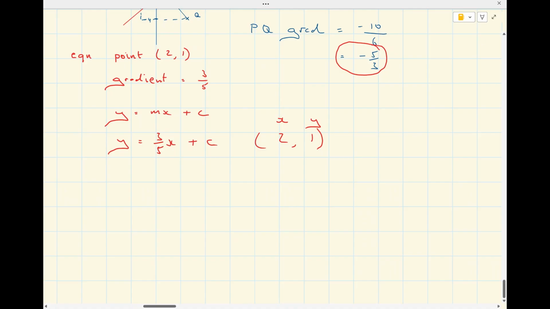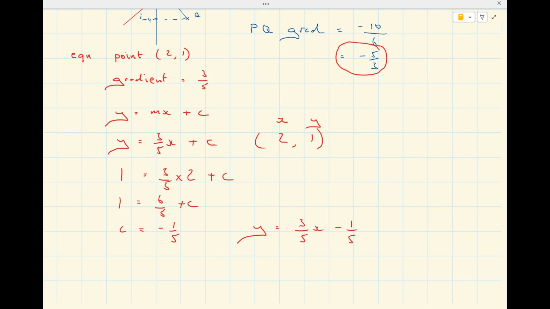Let's substitute those values in. 1 equals 3/5 times 2 plus c. Now we can discover what c equals. 1 equals 6/5 plus c. Subtract 6/5 from both sides. c equals -1/5. Okay, now I know that my equation is y equals 3/5 of x, it was plus c, so now it's minus 1/5.